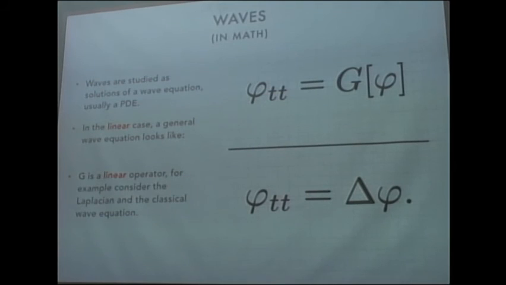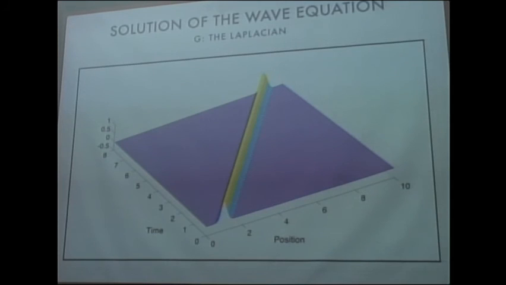For example, think about the Laplacian and we get the classical wave equation. I think we all know how the solutions of the wave equation look. It's just an initial disturbance that travels at constant speed and doesn't change, and we can add more things to the model.